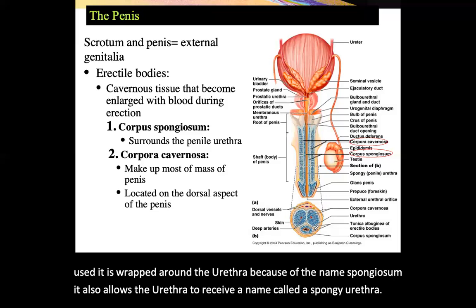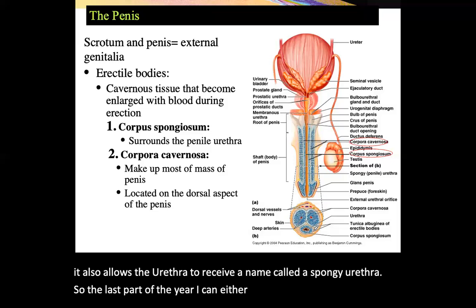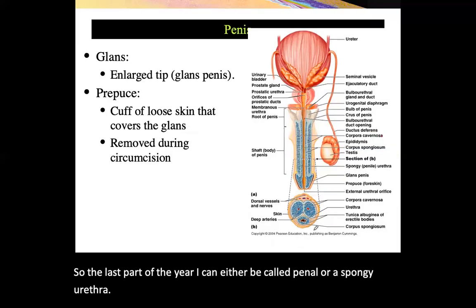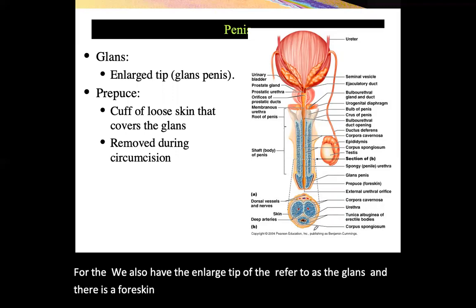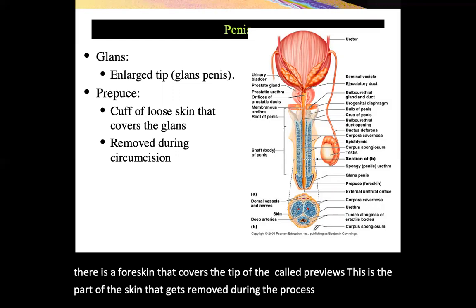So the last part of the urethra can be called either the penile or the spongy urethra. For the penis, we also have the enlarged tip of the penis, referred to as the glans penis. And there is the foreskin that covers the tip of the penis, called the prepuce. This is the part of the skin that gets removed during circumcision.